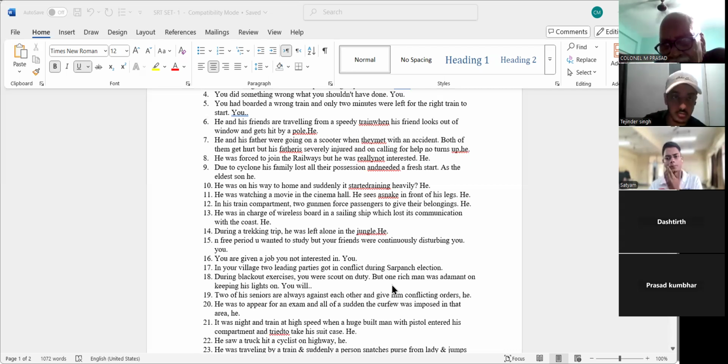Because they were gunmen, you require some assistance from the RPF, because every train has an RPF person traveling. With the help of the RPF person, nabbed the gunman and handed him over to the police. Okay, GRPF we can say.